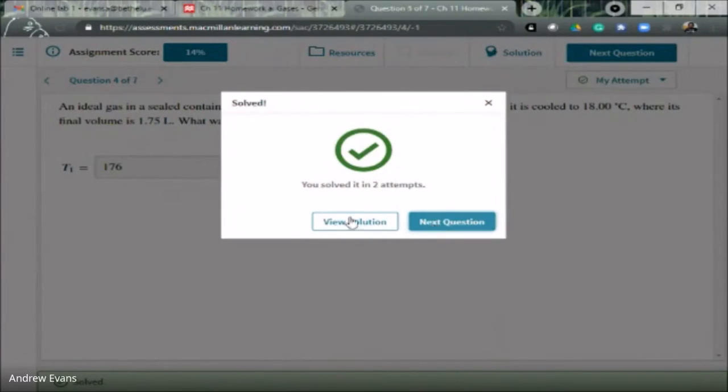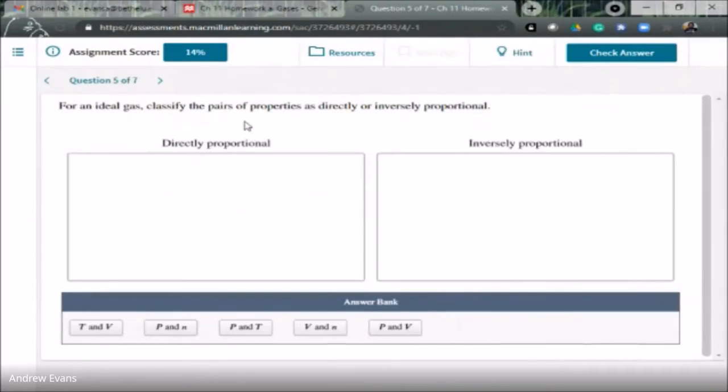Okay. So, yeah. Now, this one is just recognizing from PV equals nRT what values are directly proportional versus inversely proportional. To be directly proportional, they have to be on opposite sides of the equation. To be inversely proportional, they need to be on the same side of the equation from each other. So looking at PV equals nRT, I'll just give you two of them.